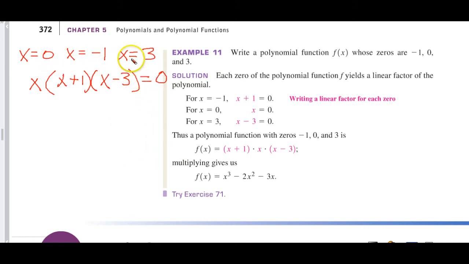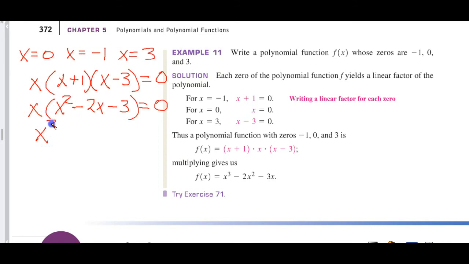We're just working backwards. So now we're going to FOIL this. This is x squared. My outer's a negative 3. So this will be a negative 2x minus 3 equals 0. And then now I'm going to multiply everything by x.